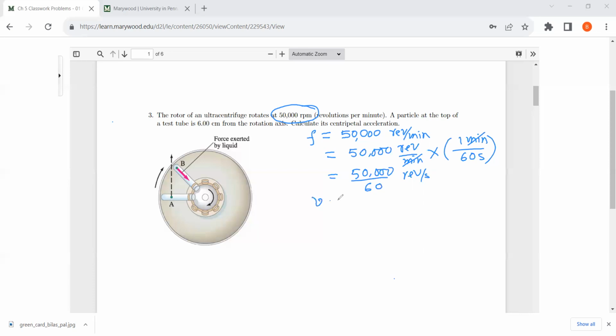First v will be 2 pi r f. r is 6 centimeter, so you have to convert centimeter into meter, so we need 10 to the power minus 2, and then frequency is 50,000 rev per minute converted as above. If you correctly plug these values into your calculator, it should give you this value.